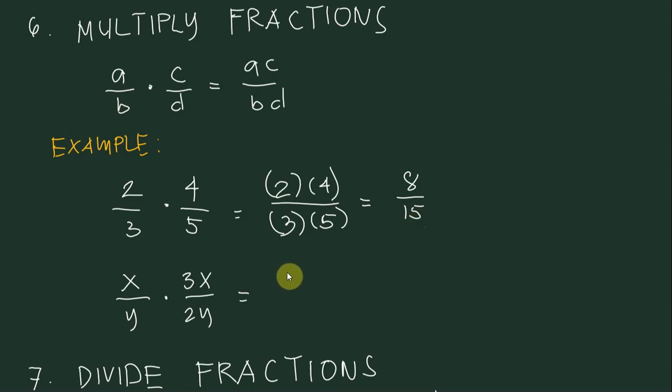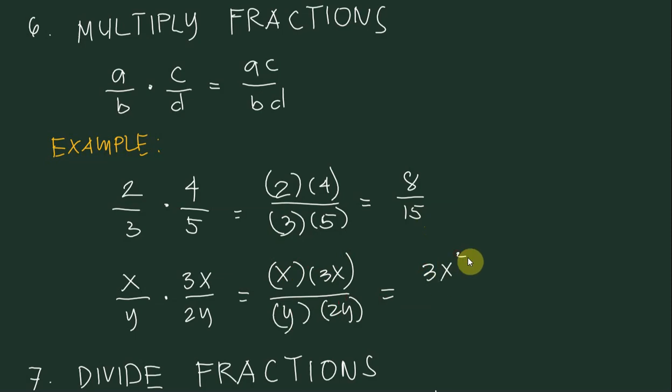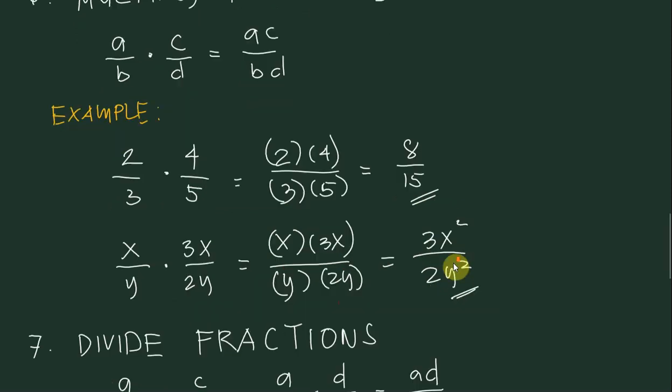Okay, for the second example, we have x times 3x over y times 2y. We have 3x squared over 2y squared. Okay, these are the answers.